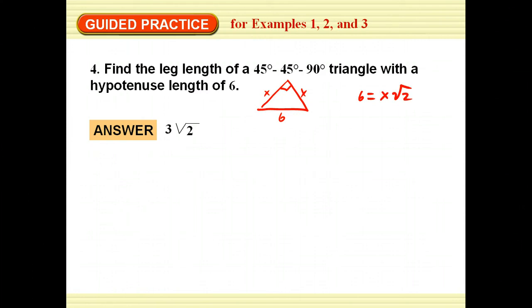So if I want to solve that, I have 6 divided by the square root of 2 is equal to x. If you remember, we need to rationalize that denominator, 6 over the square root of 2 multiplied times the square root of 2 over the square root of 2, which gives me 6 square roots of 2 over 2, which is where the 3 square roots of 2 comes from.